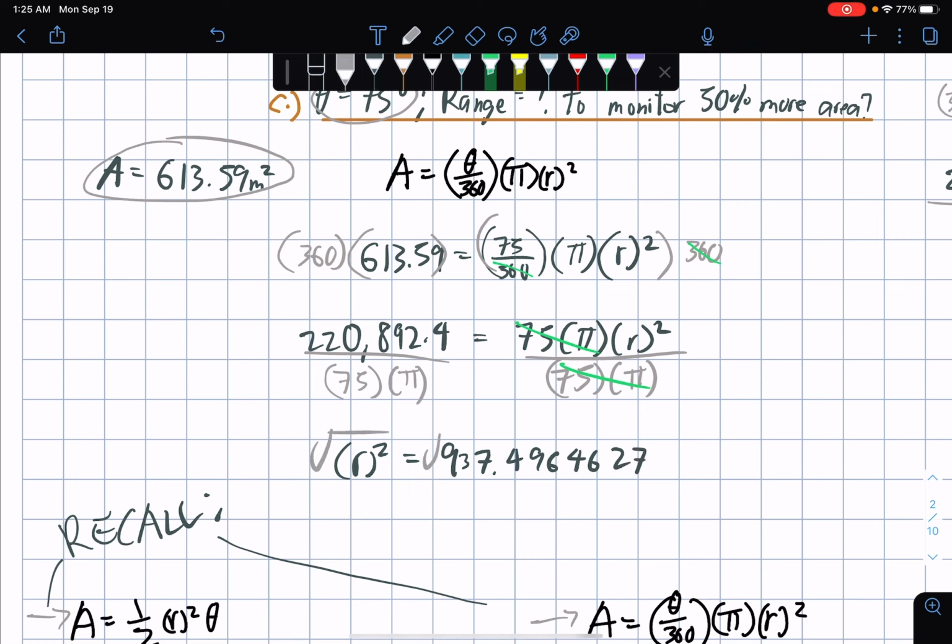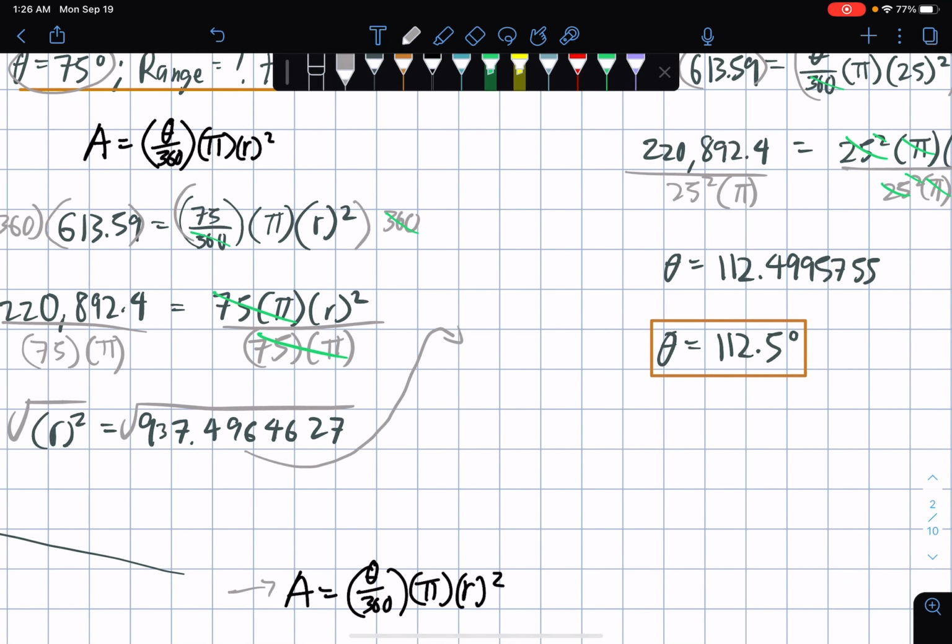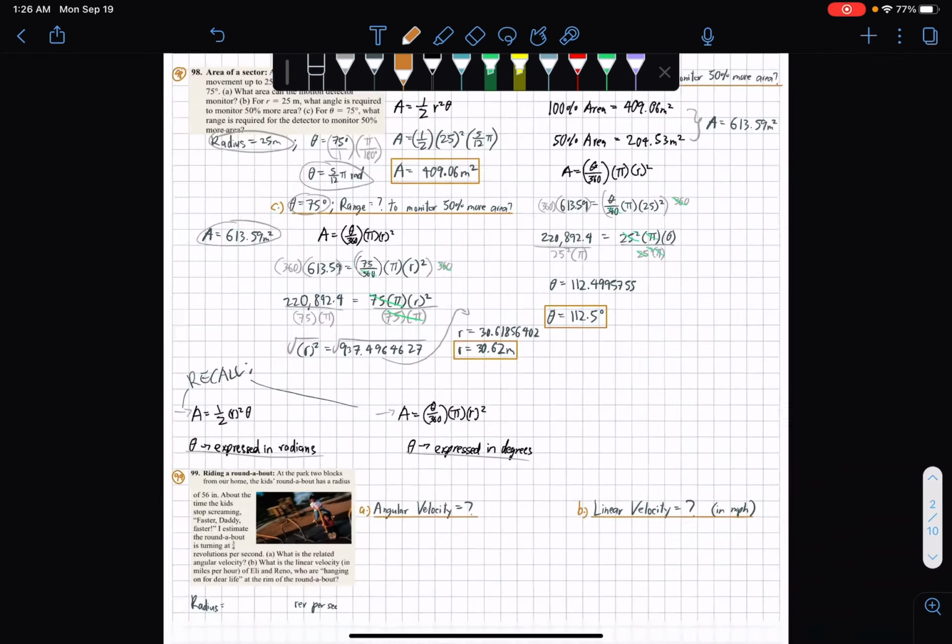Put a square root symbol on both sides. R is equal to 30.61856402, or in other words, if you round it off, it's 30.62 meters. This is our radius.